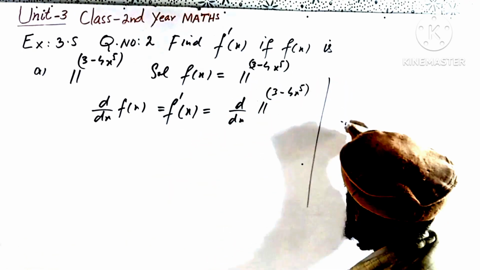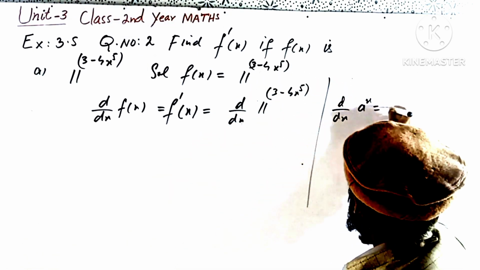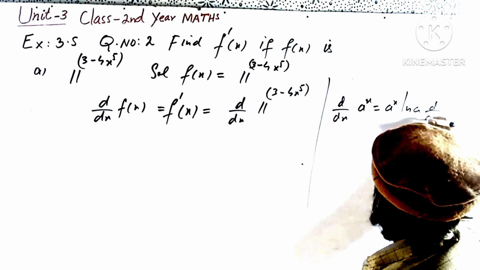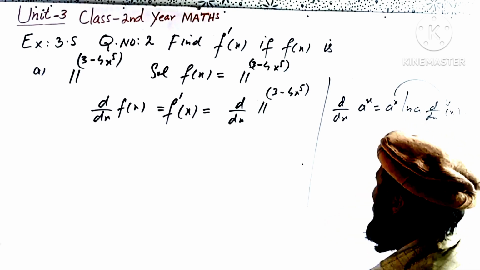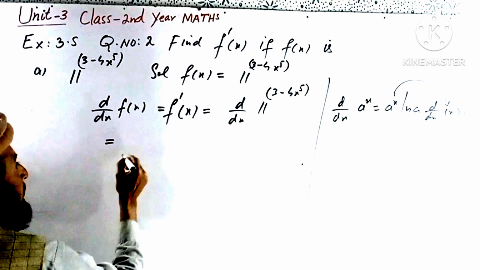As we know the formula, the derivative of a power x is equal to a power x log of a, and further the derivative of this function x. So according to this formula we are applying it.